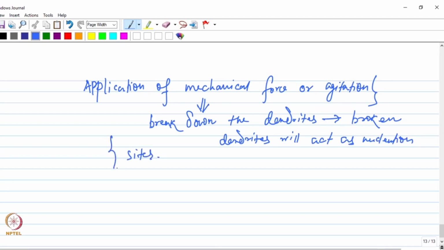And there are different ways by which you can do this agitation. For example, you can have some volatile mold coating, which will generate a large amount of gas vigorously, and that will create a lot of agitation in the liquid metal, right? Then you can also subject the liquid metal to ultrasonication.